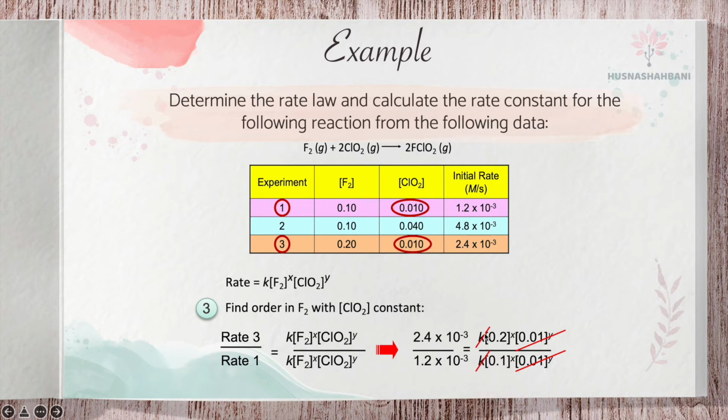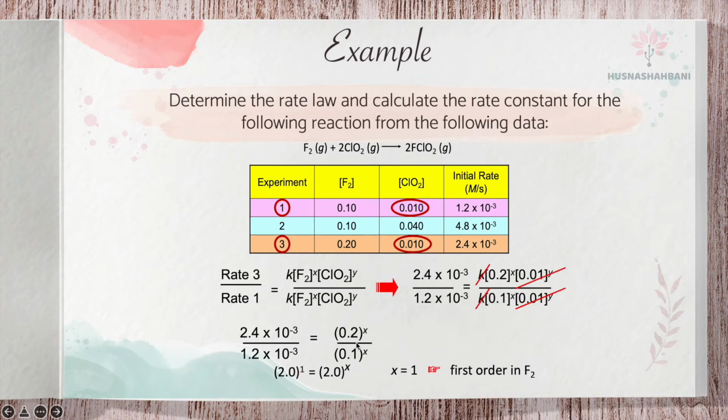So cancel out k, because k over k is 1, and then 0.01 power of y divided by 0.01 power of y is equal to 1, so cancel out, leaving you with 2.4 times 10 power of negative 3 over 1.2 times 10 power of negative 3 equal 0.2 to the power of x over 0.1 to the power of x, leaving you with these values only.